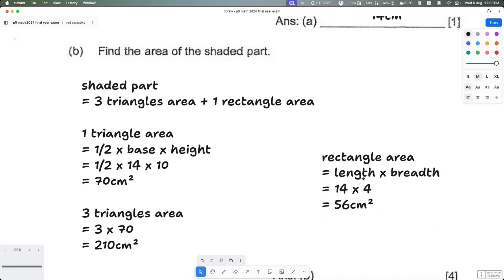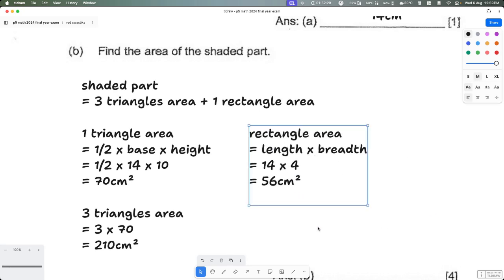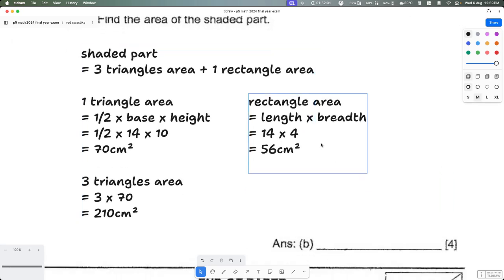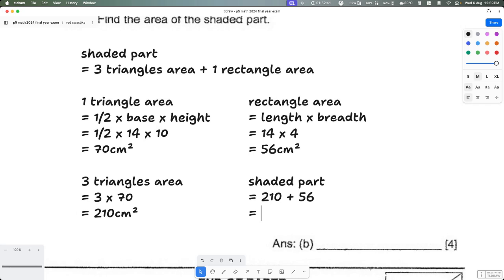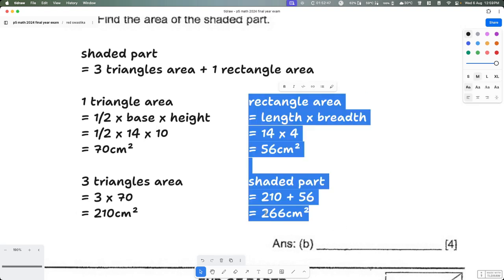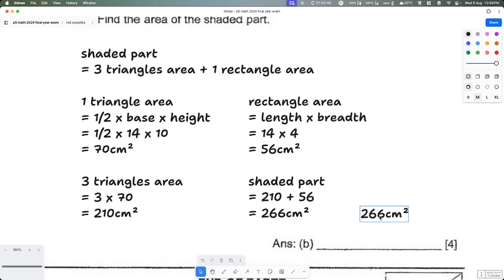Okay, so now we know the rectangle area. Then the last part is shaded part. Shaded part is equal to 3 triangles, 210 plus 56. And what will this give us? This will give us 266 centimeter square. That's it, right?